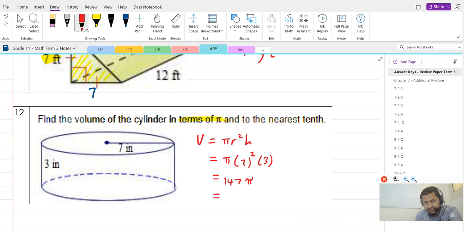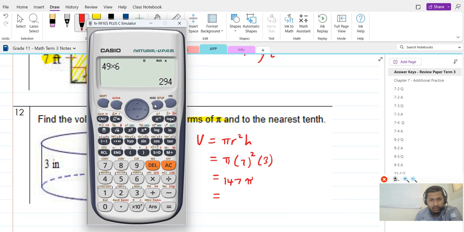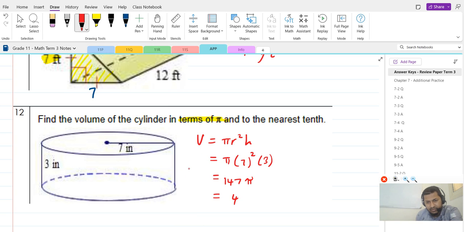Now what is 147 pi? Let's check. Shift pi into 7 squared times 3. I've got 147 pi, which is 461.81. That's inches cubed. Remember, we don't need this answer.